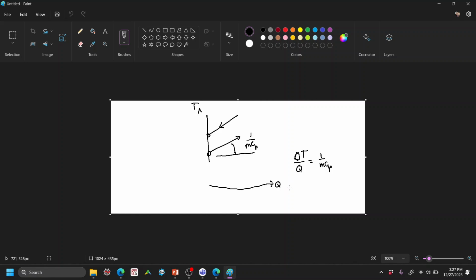So if we have a bigger stream, that means a bigger CP or bigger flow rate, that means the slope will be smaller. If we have a bigger MCP, the whole thing will be lower, so the stream will be a bit shallower. Can you imagine? So this MCP is bigger than that MCP. So if this is the most constrained point, this is something that you cannot change, but this temperature, this region and that region, can always change, right?